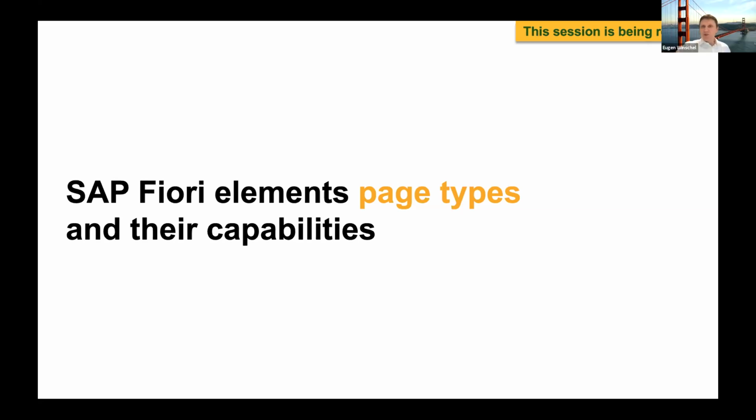Stefan, can I ask a quick question before you start? I see page types here on the slide. Often I also hear the word floor plan. Are Fiori Elements page types and floor plans the same, or two different things? Basically the same. UX defined a couple of floor plans, like list report or object page. Page type I would name a synonym for the floor plans.